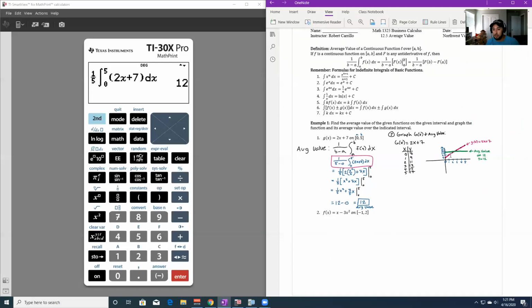Okay. So what it's saying is that when this function 2x plus 7 is on the interval 0 to 5, the average value between all the x and y values is going to be 12. That's it. Or the average value between all the y values is going to be 12. Okay.